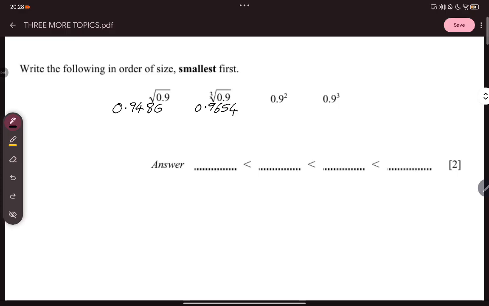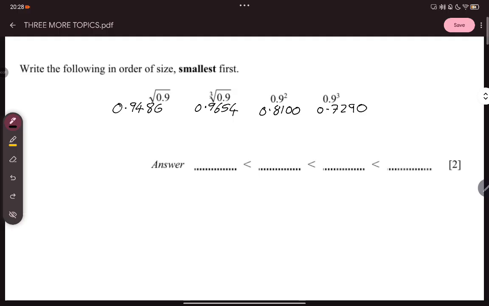And 0.9 squared, so 0.9 to the power 2 is 0.81. However, I'm going to fill it up with zeros, so I have the same number of digits after my decimal point. 0.9 cubed is going to be 0.729, but I need to fill up with zeros.